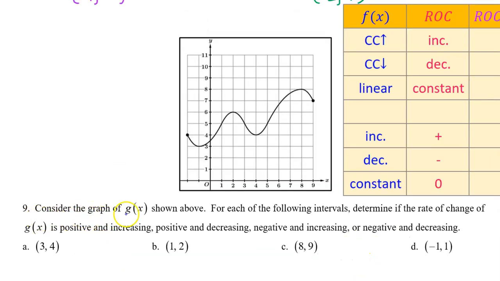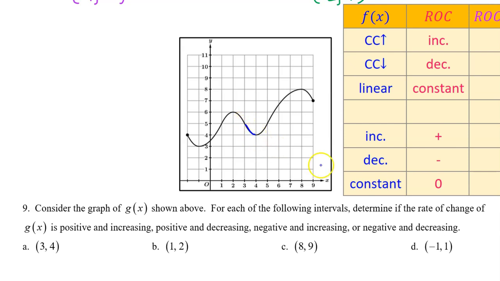Number 9. Consider the graph of g of x shown above. For each of the following intervals, determine if the rate of change of g of x is positive and increasing, positive and decreasing, negative and increasing, or negative and decreasing. Let's start with the interval from 3 to 4. So that's right here. Now, on this interval, is g of x increasing or decreasing? I can see that g of x is decreasing on this interval.